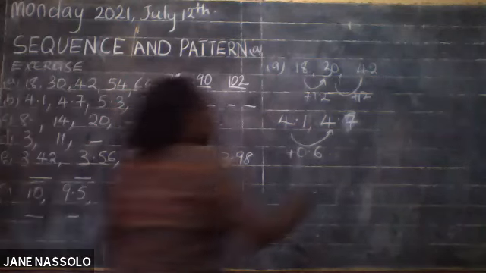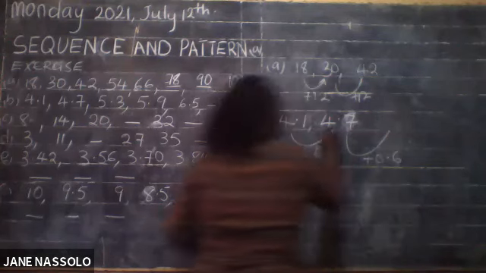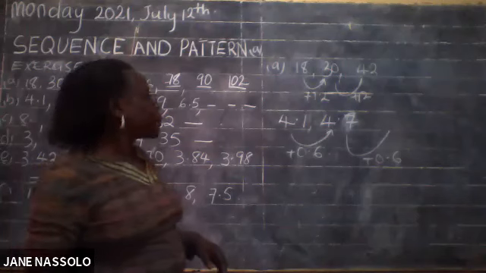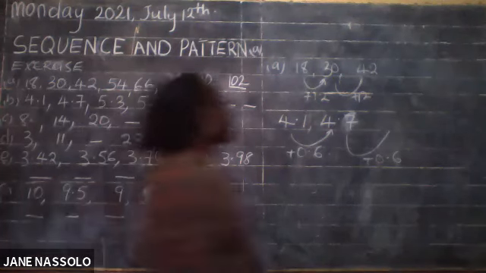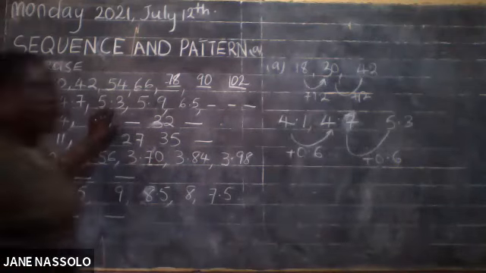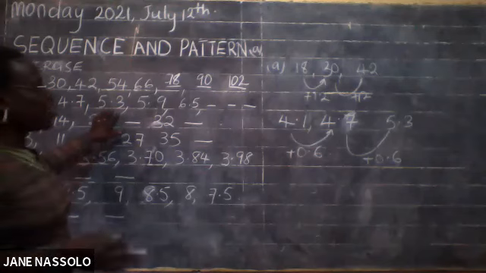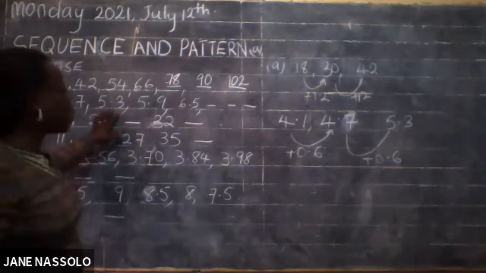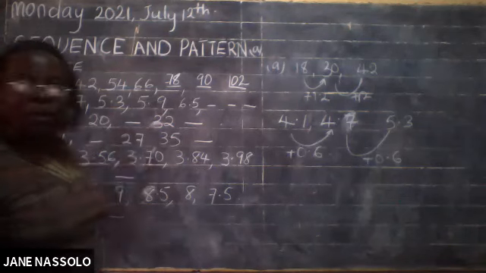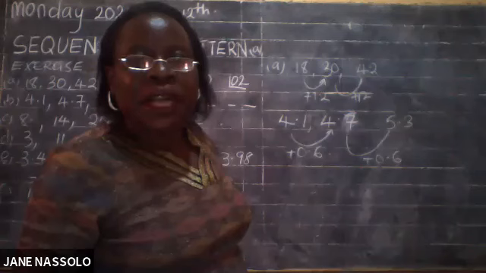If we assume that is the rule and we add 0.6 to 4.7, what would be the next number? 5.3. Is it our next number? Yes. So that means the rule is add 0.6 to the previous number in order to get the next number. So can someone give us the next three numbers?